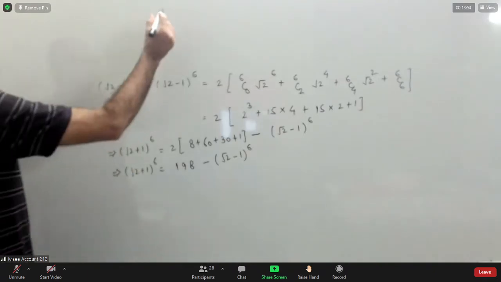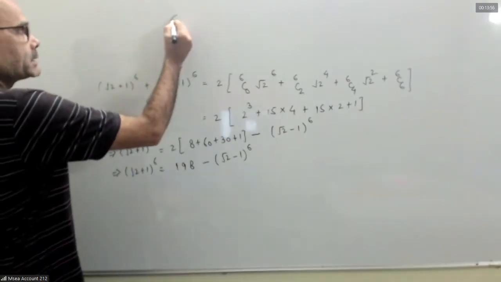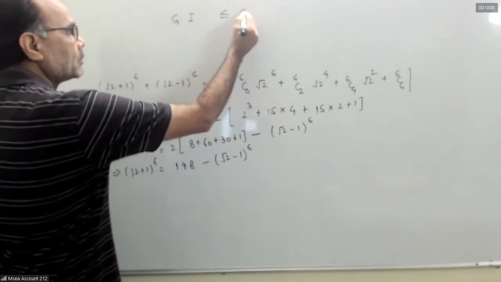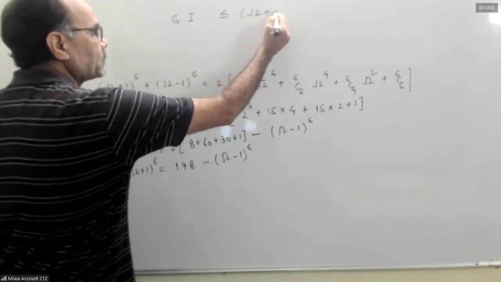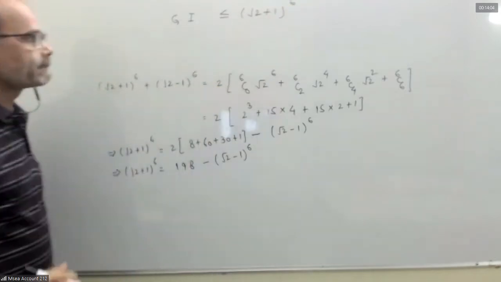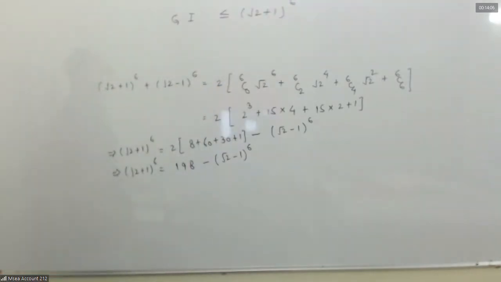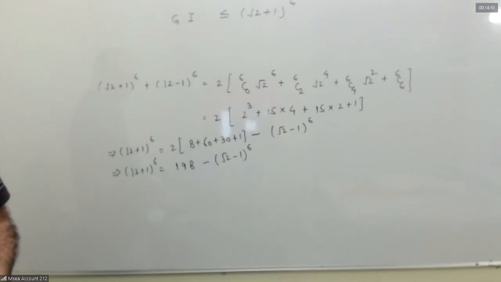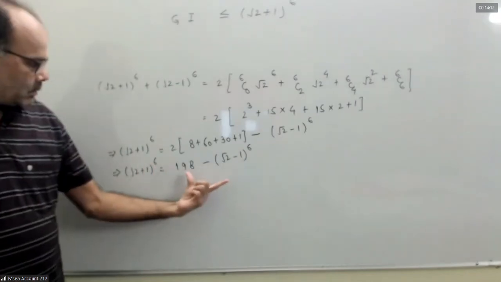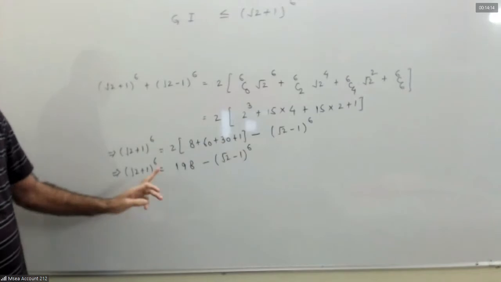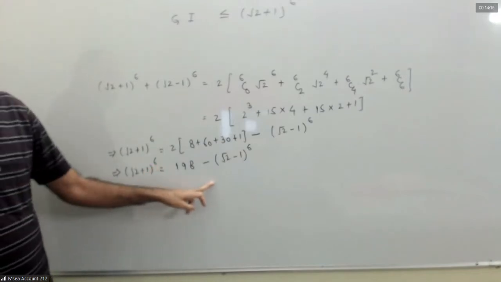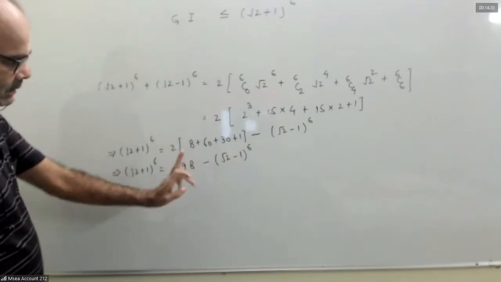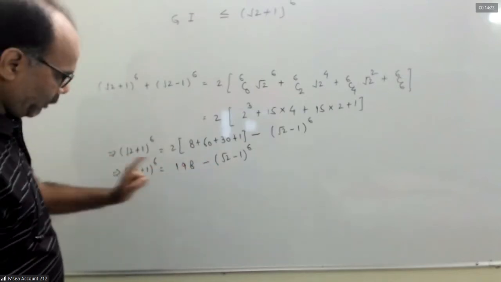Okay, what is the question? The greatest integer which is just less than or equal to root 2 plus 1 to the power 6. What is the integer? This value is less than 198. It is 198 minus a proper fraction, and a proper fraction should be positive.